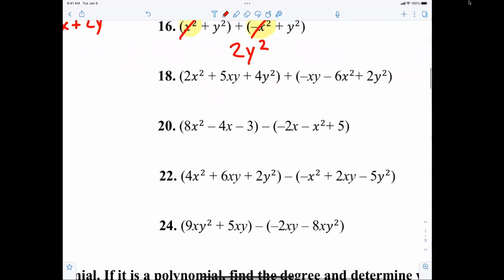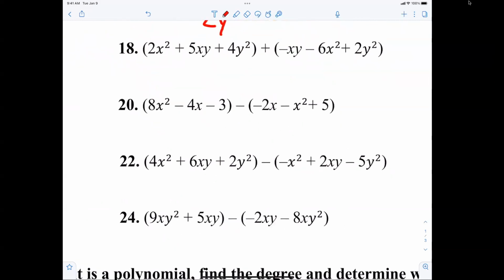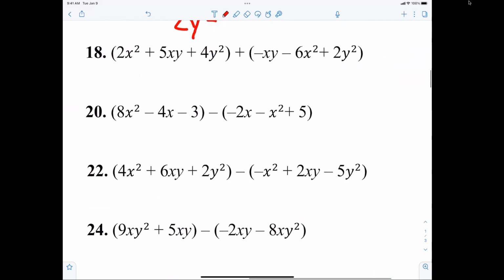All right, Brennan, go. Wait a minute. 4xy squared. I don't even see a 4xy squared anywhere. Where is a 4xy squared? I don't see it. Combine terms. All right. Look at the first one. I'm highlighting 2x squared.